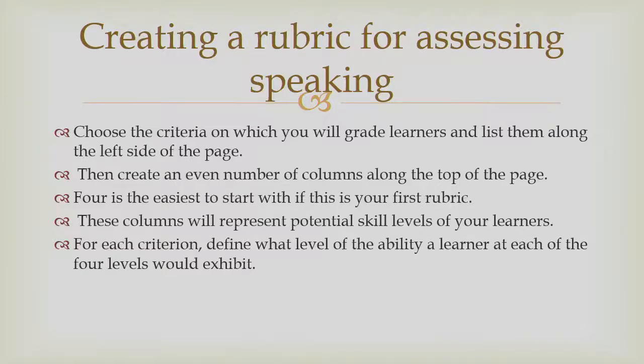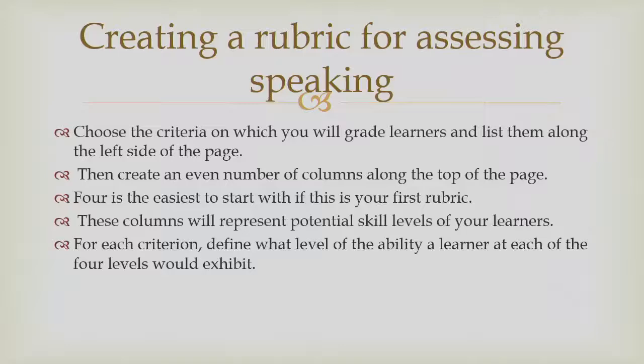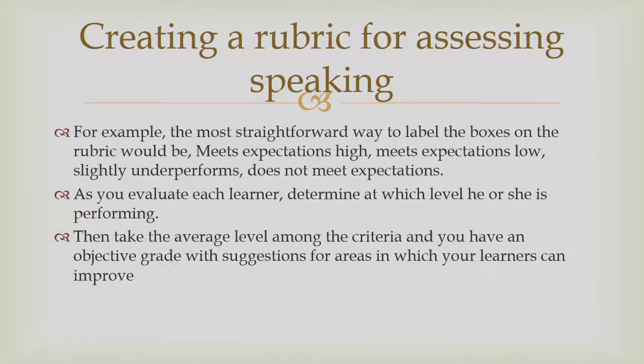Then create an even number of columns along the top of the page. Let's begin with maybe 4, which is the easiest to start with, if this is your first rubric. These columns will represent potential skill levels of your learners. For each criterion, define what level of the ability a learner at each of the 4 levels would exhibit.